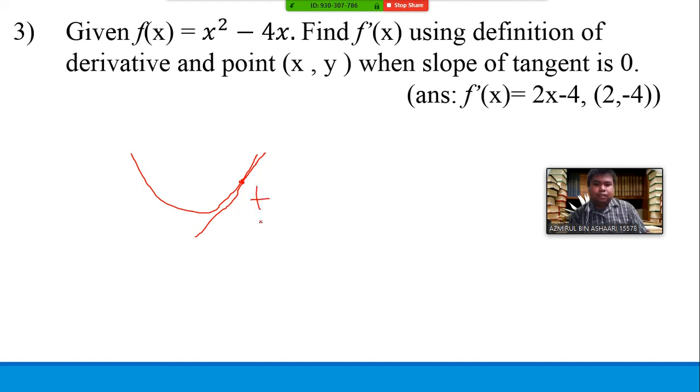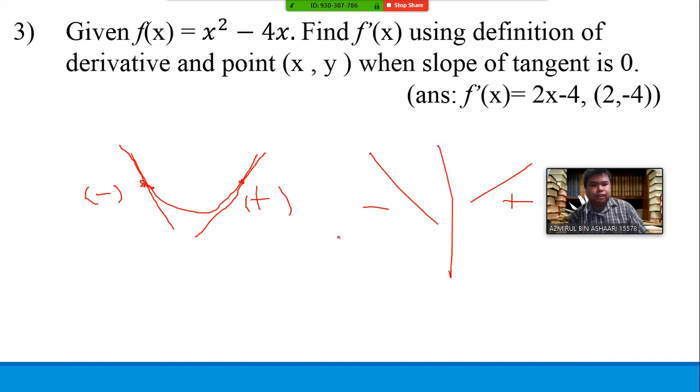Positive graph. If they are pointed here, you will get the linear graph, which is the negative one, right? Negative graph. Okay, if this one is negative, this one is positive, for the xy axis.